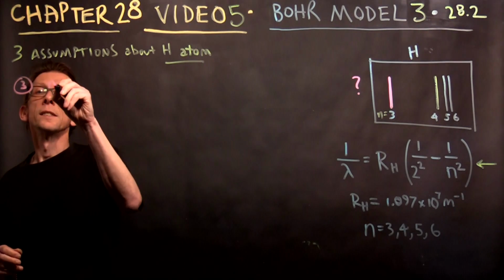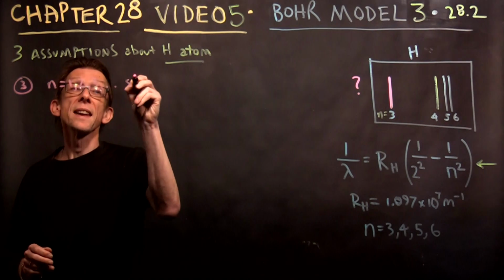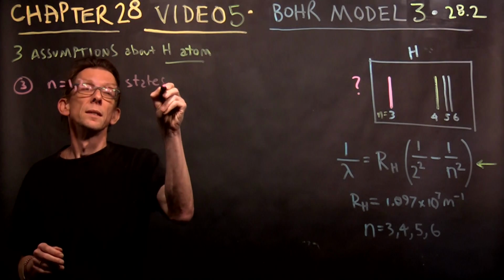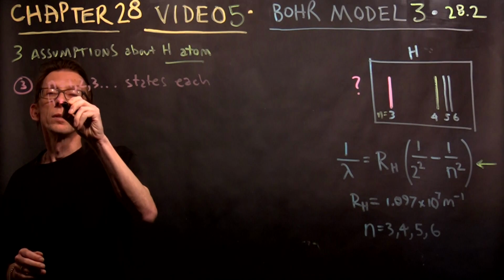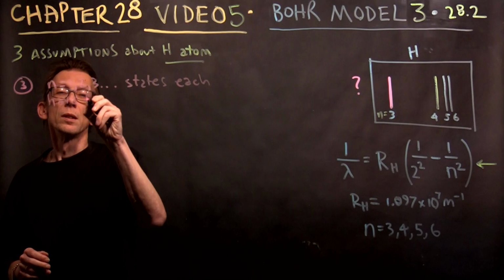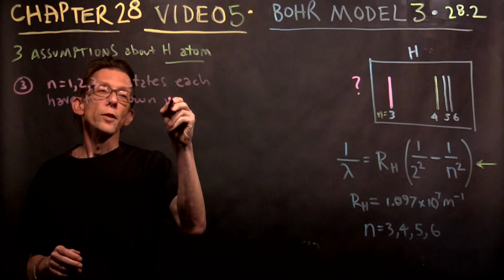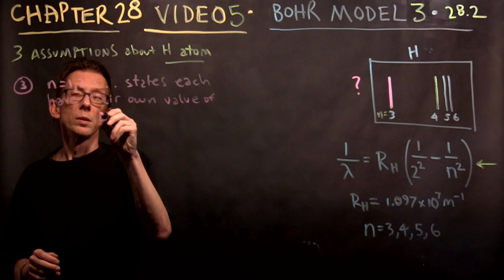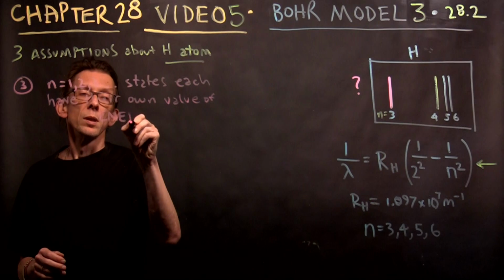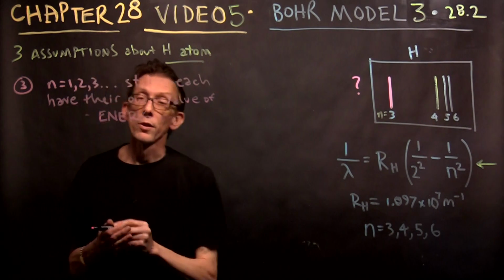It is that the n equals 1, 2, 3, dot, dot, dot states each have their own value of energy.